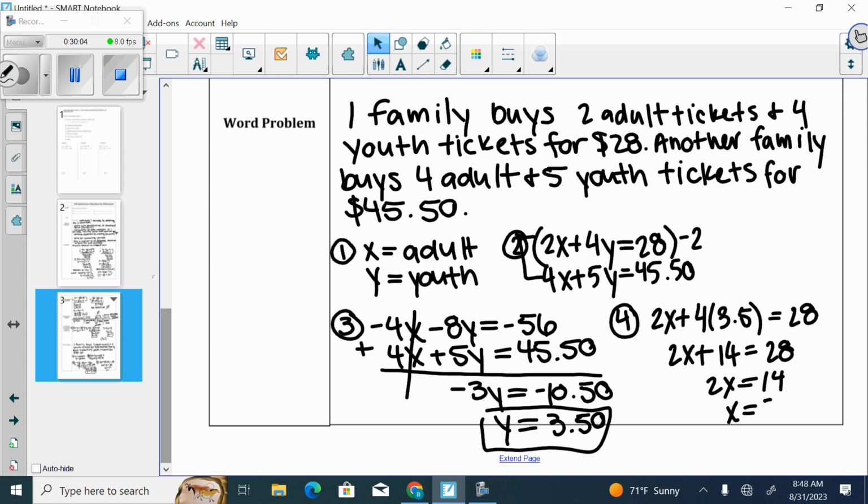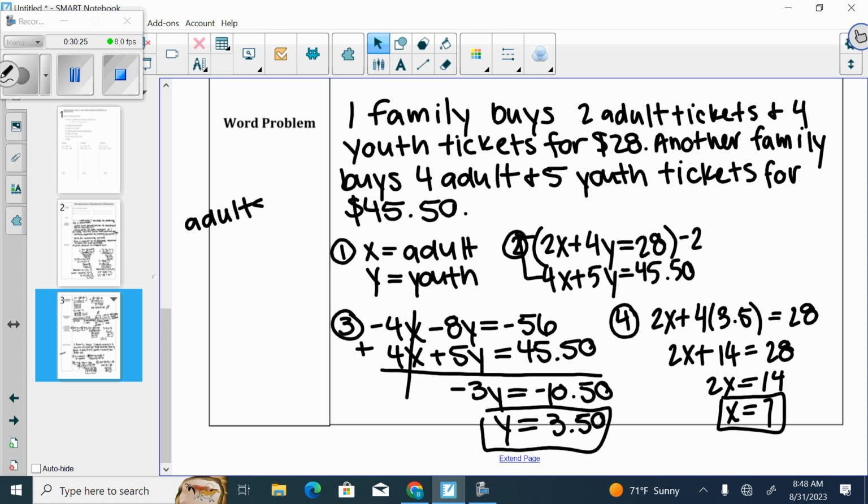7. Okay. So typically, remember, we do write our final solution as a coordinate point, but here we actually have some context as to what this is supposed to be representing, right? This is the cost per type of ticket. So you also could say how much each type of ticket costs.